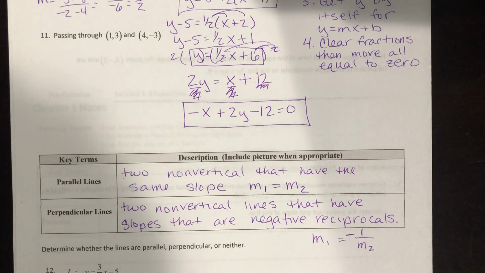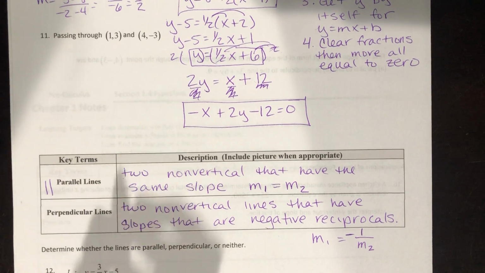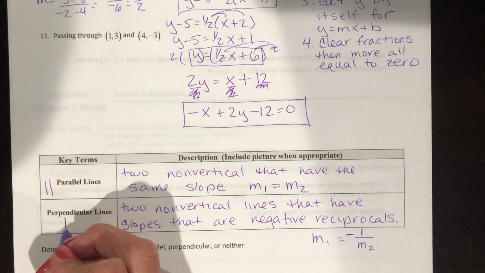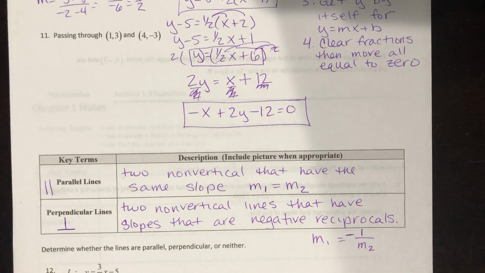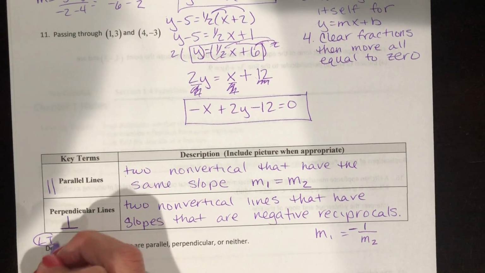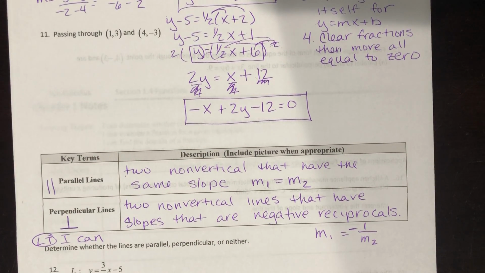Symbols that you should know: the symbol for parallel lines looks like two lines next to each other, and the symbol for perpendicular lines looks like an upside down T. All right, first learning target: I can determine whether the lines are parallel, perpendicular, or neither.